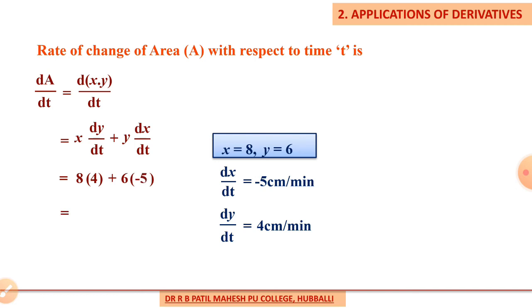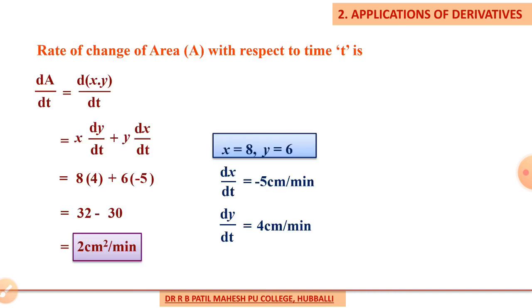Now simplify this, we get 32 minus 30, that is plus 2 centimeter square per minute. So that is the change in area of the rectangle. Here plus 2 means the area of the rectangle is increasing at 2 centimeter square per minute.